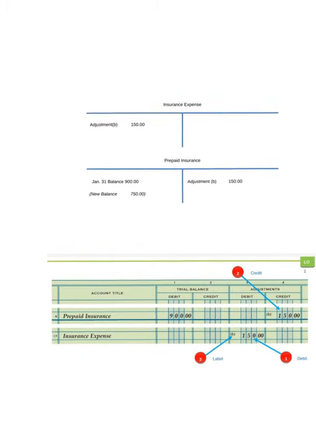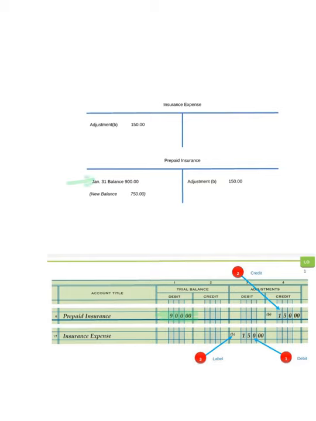How's that? So again, we'll look at prepaid insurance, and we'll go through the same thought process. What is the current balance residing in prepaid insurance? If you look at your trial balance, it's $900. You see that right here, and it's the same here.